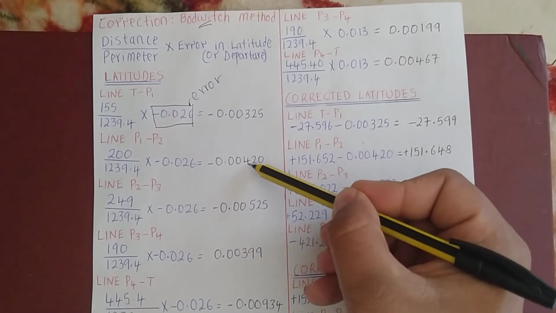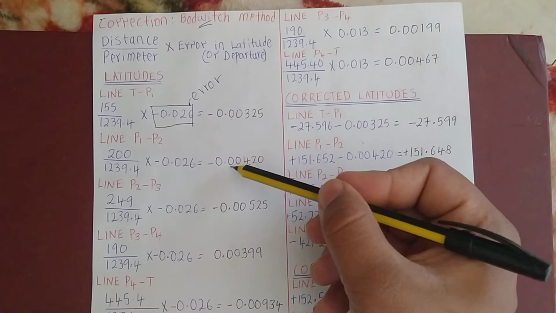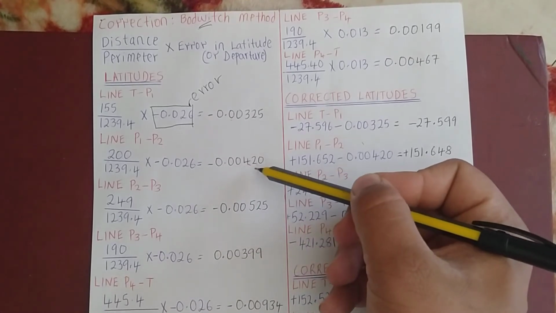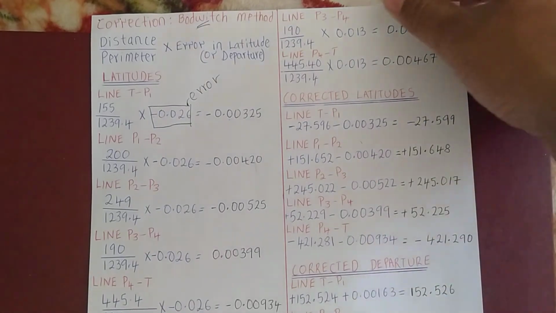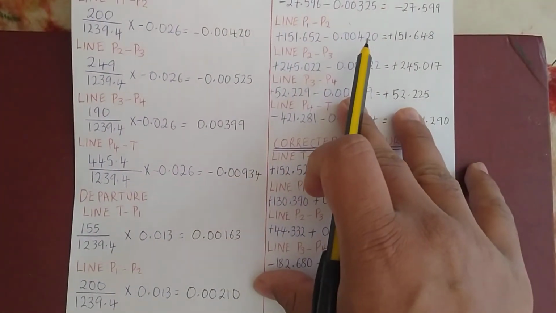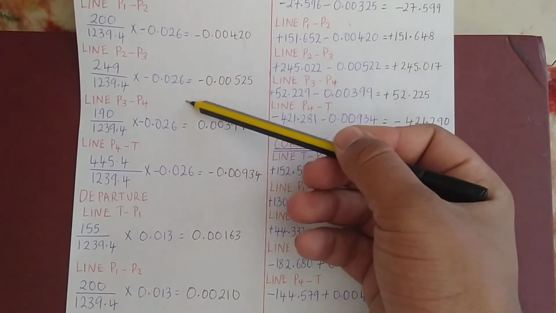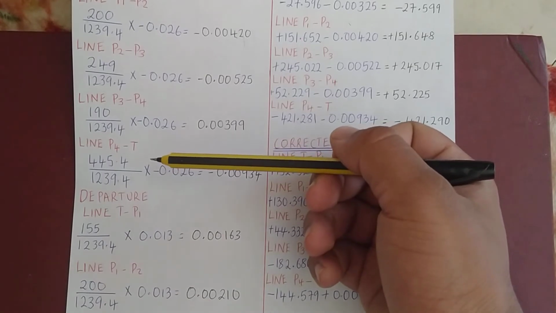So I'm getting the correction as 0.00420. You have to do the same for all the others. I've already calculated mine. You can do the same.